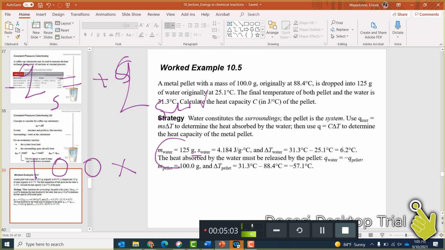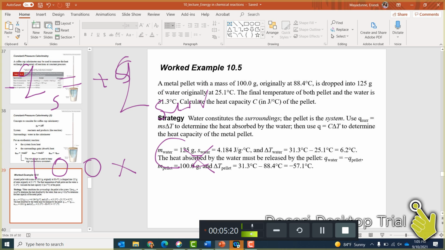That's what I'm looking for. Delta T is 88 to 31. With the pellet, you always have to find the delta.